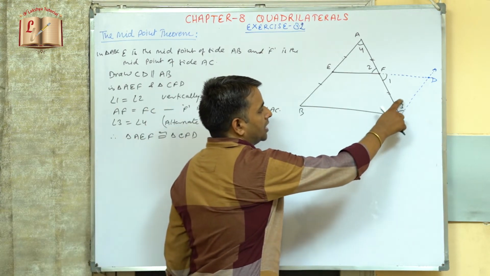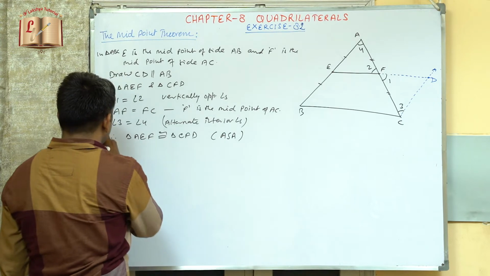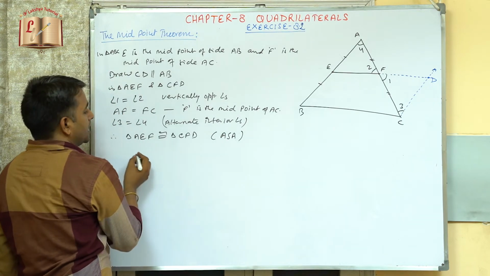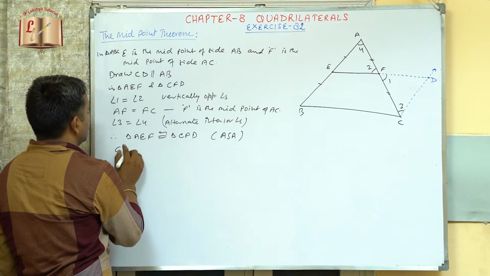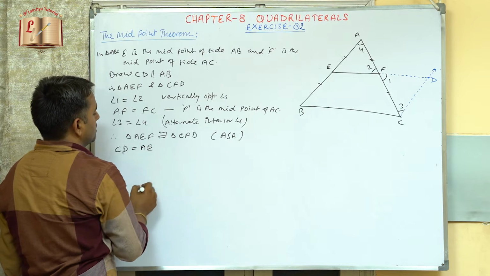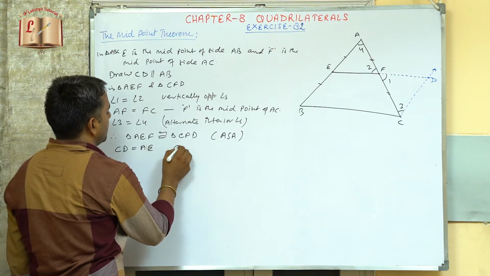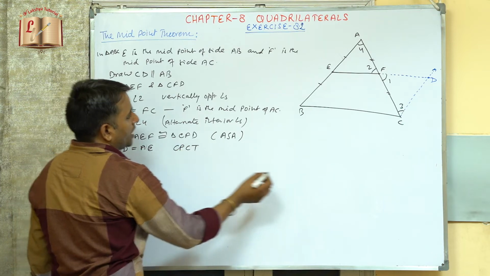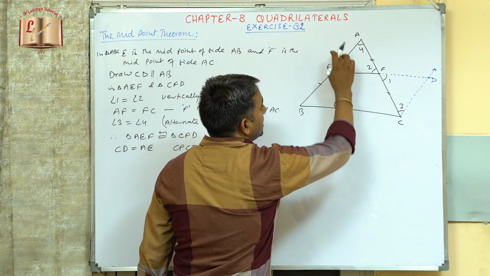See here, this is angle, again side, then angle. Now we can say that CD is equal to AE. CD will be equal to AE. This is by CPCT. Means this side will be equal to this side. This is by CPCT.